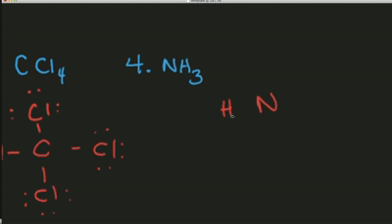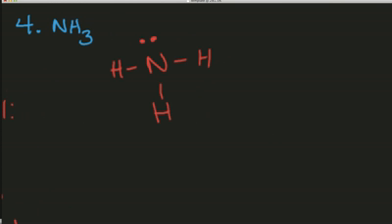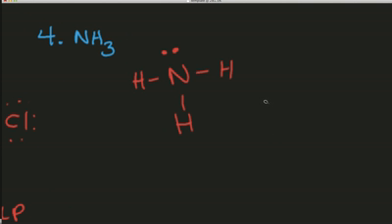Ammonia. Once you do the Lewis structure, you should end up with this. And here we have our first example of lone pairs. The way you should look at that is you should say it's 4 domains. They're broken up into 3 bonding domains, meaning that there's a hydrogen atom on each of the bonds, and then there's 1 lone pair up top.